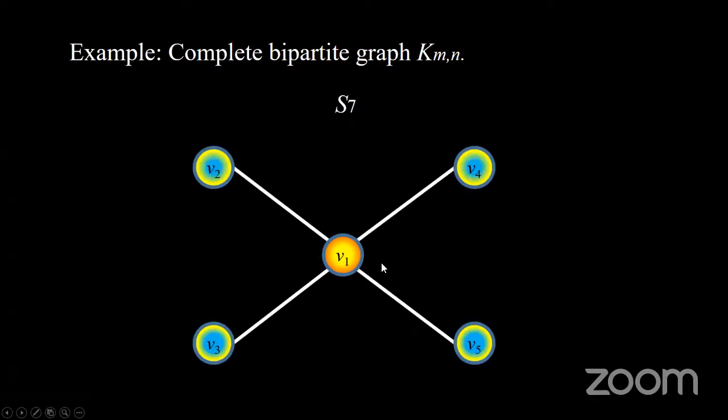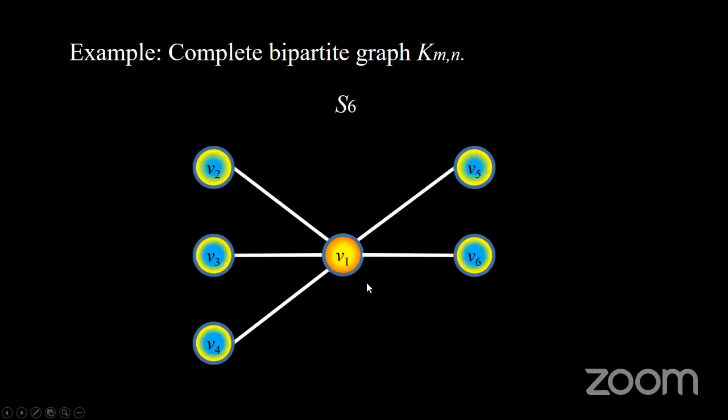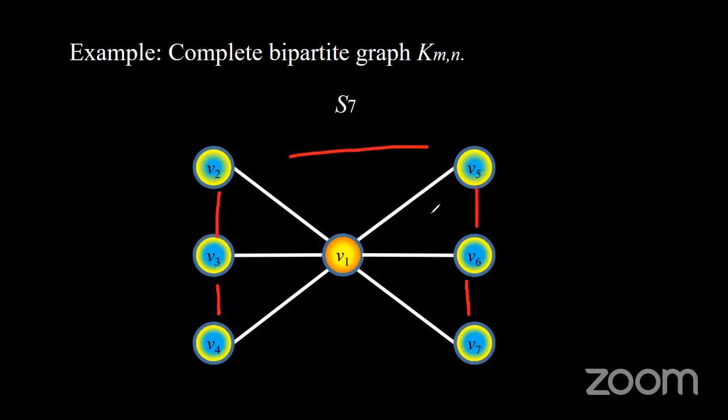This is S7, so one in the middle and all the rest around it. Every vertex is adjacent to that one in the middle, and the other vertices are not adjacent to each other. So no edge, no edge, no edge, but every one of them has an edge to the middle one.